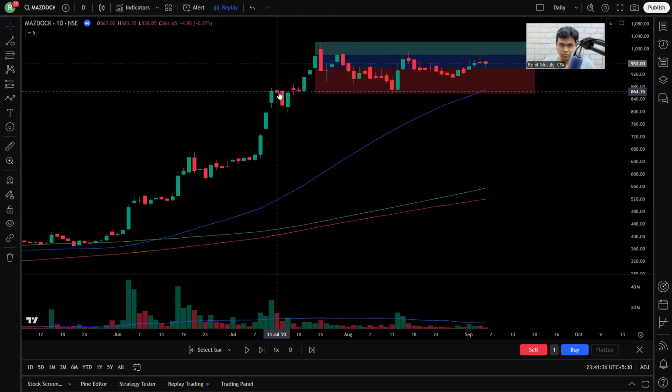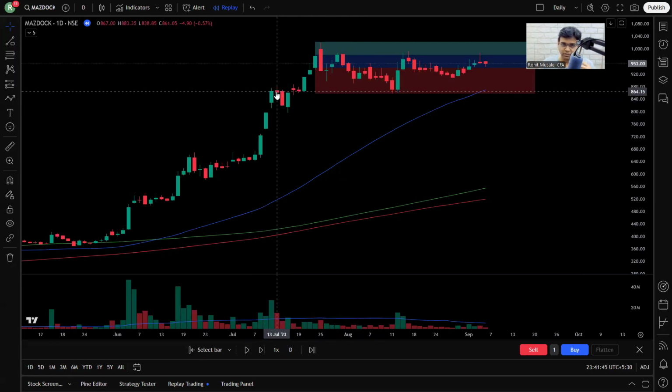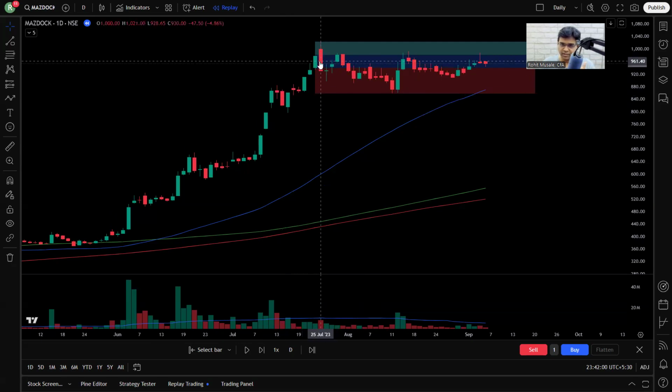See, the closing is at or above the midpoint. So remember, I told you the color does not matter. So this is high volume, strong closing. This might be a red candle, but actually on that day, people bought the stock. So this is not high volume, weak closing. This candle is not high volume, weak closing because the volume is low. Even this candle is not high volume, weak closing because the volume is low.